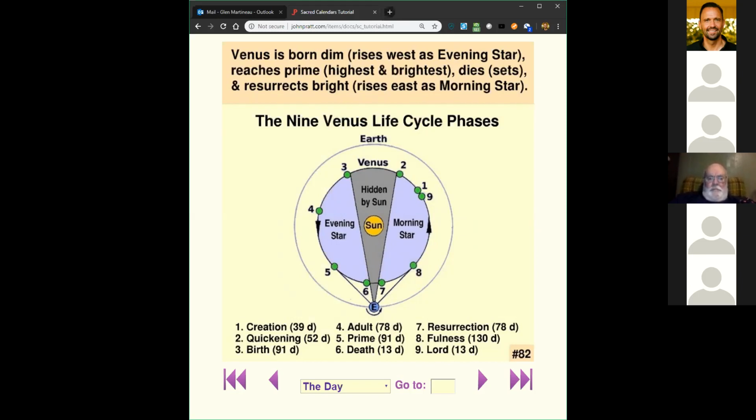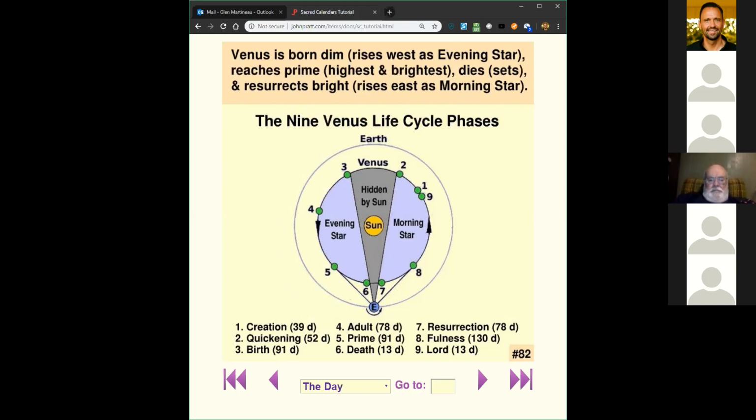And then when it sets as a morning star, that's quickening. That's when the spirit goes into the body of the infant before it's born. See, it goes into darkness. Wherever the spirit is before birth, it's in the light somewhere.